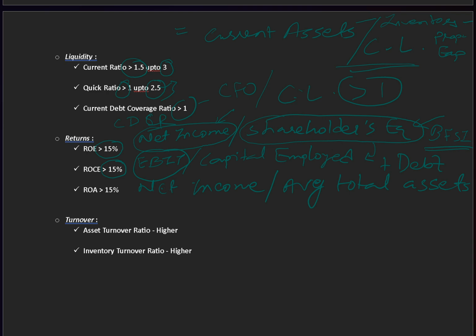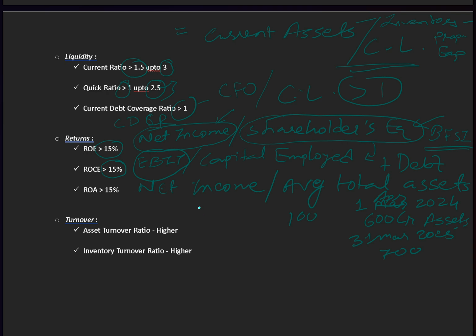Say, for example, on 1st April 2024, the start of the financial year, if the company has 600 crores of assets, and on 31st March 2025 the assets grow to 700, the difference is 100 crore.